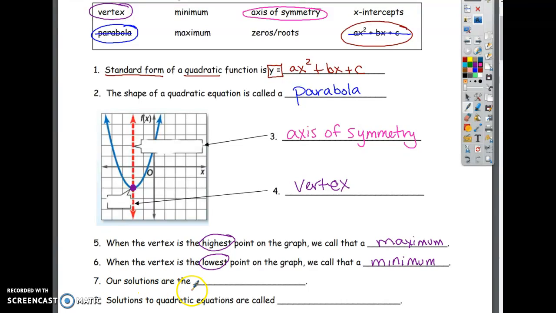The solutions are called the x-intercepts. Okay? And solutions to quadratic equations are also called zeros or roots.